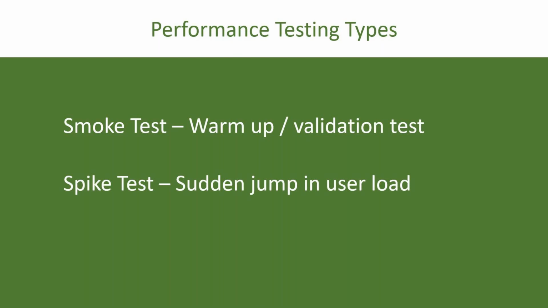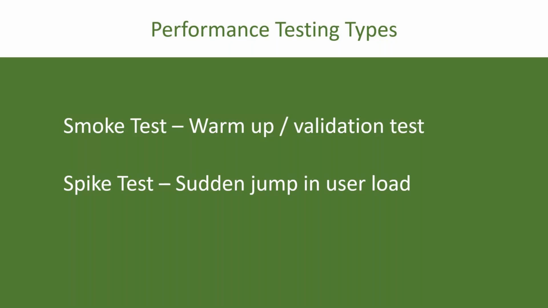Spike test is used to simulate a sudden jump in the user load. A real time example: let's say for some reason everybody decides to walk into the bank at 9:30 a.m., or the ATM.